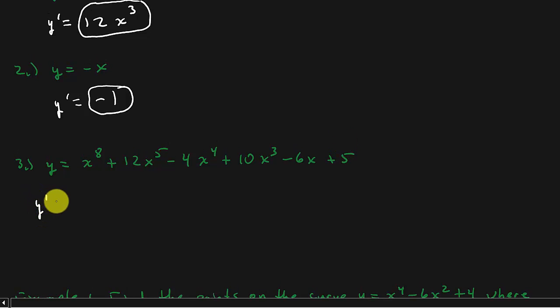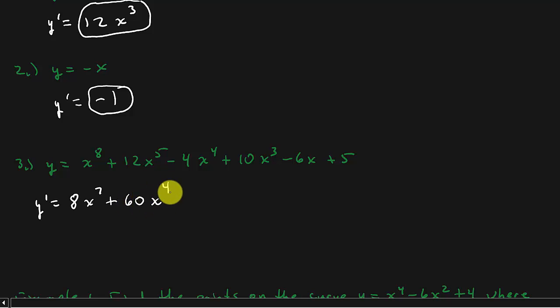Now, for this one, y prime is just taking the derivative of each term. The 8 comes down, subtract 1 from the exponent. Then take the derivative of the next term. The 5 comes down, that's 60x to the 4th.